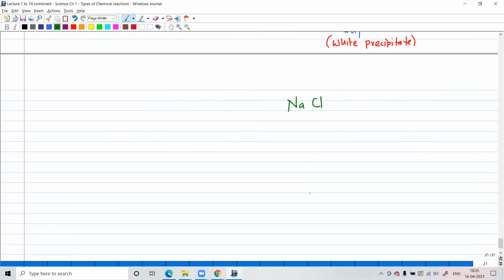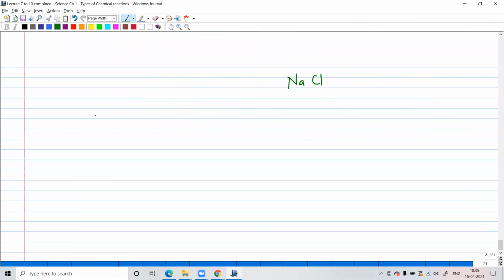If you remember, I had told you what is the atomic number of sodium? Eleven. Yes, sodium is 11. So what will be the electronic configuration? 2, 8, 1, right? 2 plus 8 is 10 plus 1, 11. So in the outermost shell, it has 1 electron. And what about chlorine?